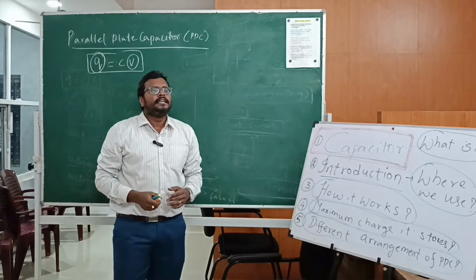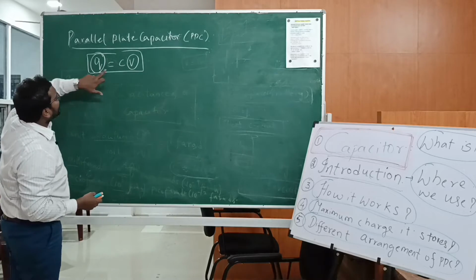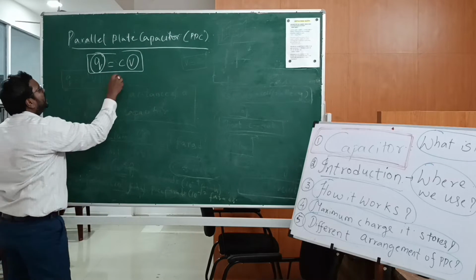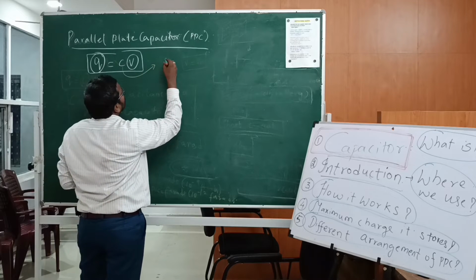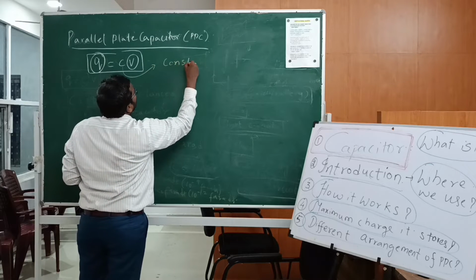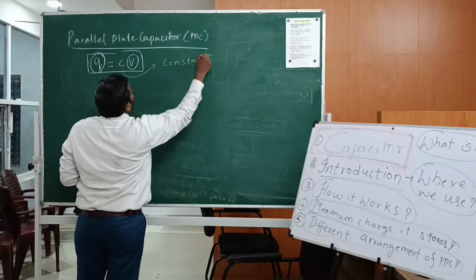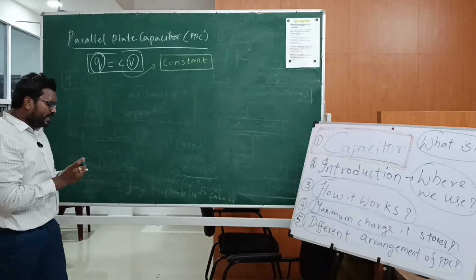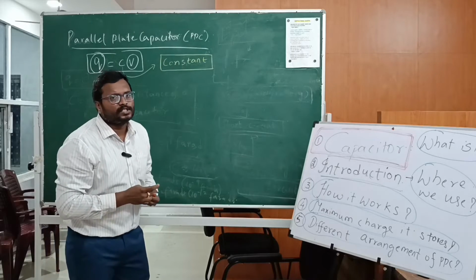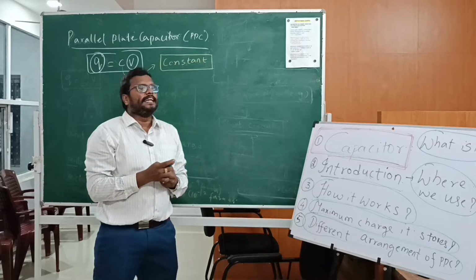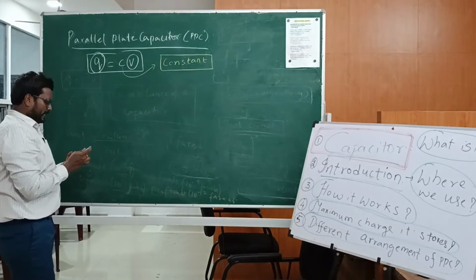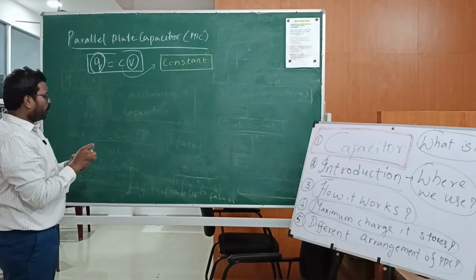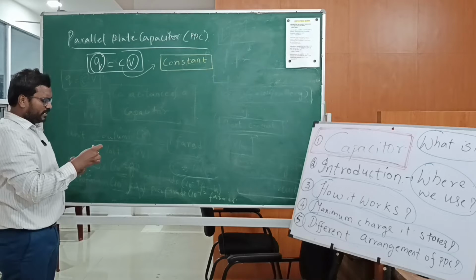So here we have taken C as independent of Q and V, because C here is taken as constant. If it is a constant, it does not depend on the charge or the voltage that is given to it.